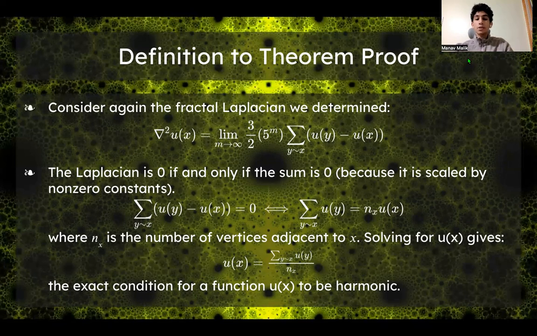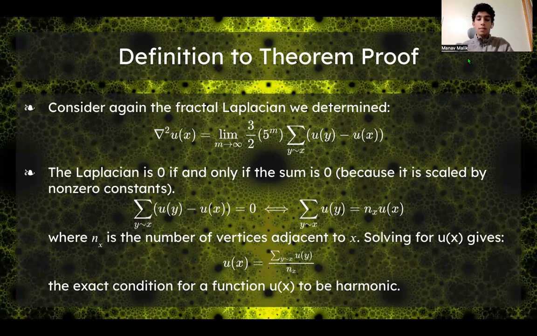So the Laplacian is 0 if and only if that sum is 0 because it is scaled by non-zero constants. So given that sum equals 0, let's pull the u of x out of the sum and add it to the right side of the equation.